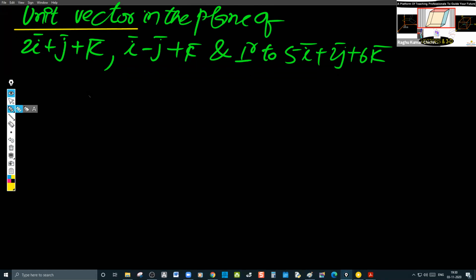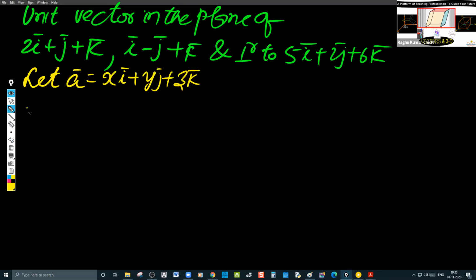Okay. So let us take a unit vector. Let A bar is equal to xi plus yj plus zk, where, anyone of you please, because it is given to be a unit vector, what is the modulus value of A bar?